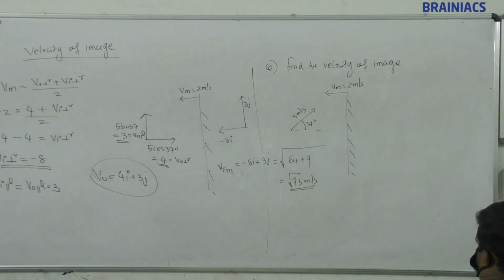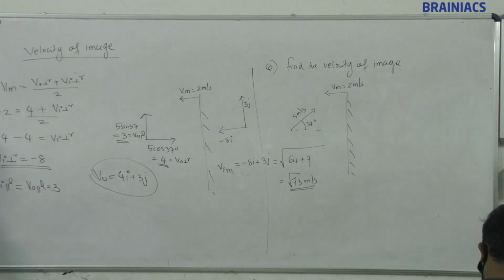Velocity of the mirror, because it is with respect to the mirror you are talking, is velocity of the image minus velocity of the mirror. You are asking the last one, no? VIM?